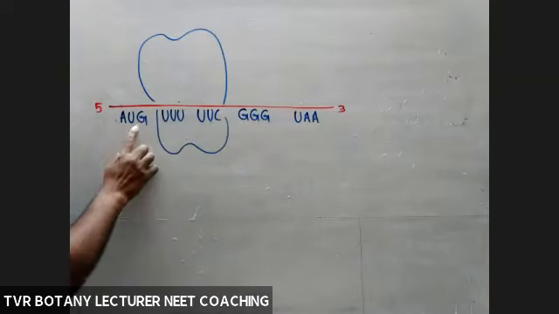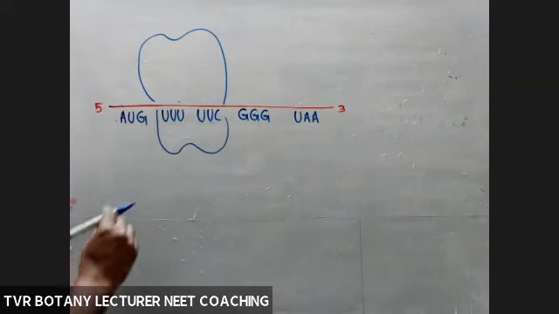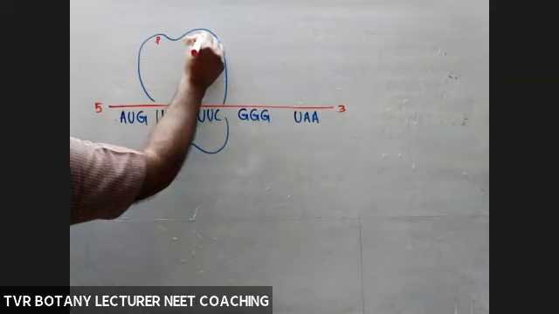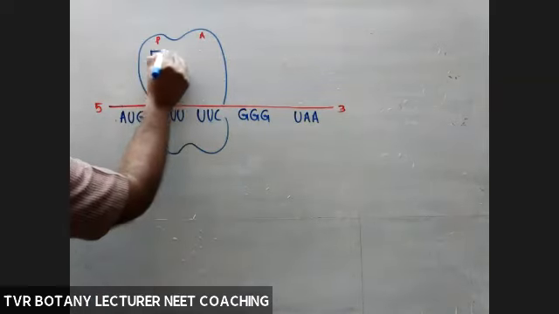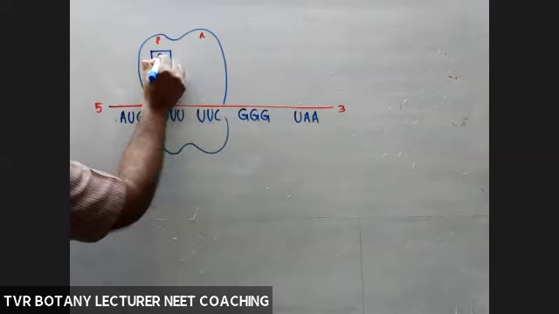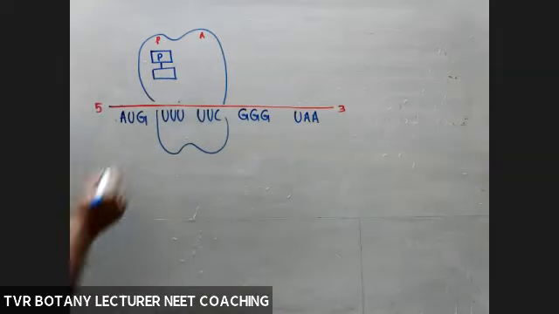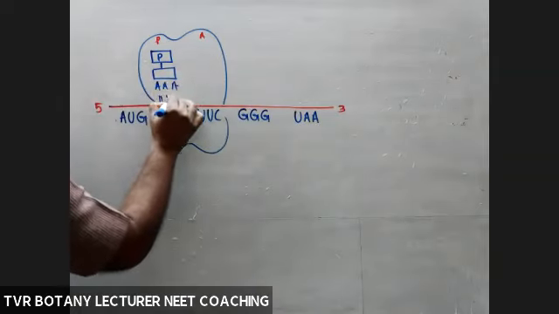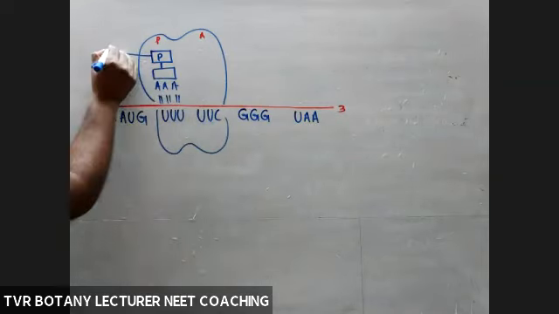So decoding of this one and this one is completed. This one is not completed. So now this is the P site, E site. So here it is phenylalanine with the concerned tRNA molecule, that is the A anticodon. Next, it is attached to methionine.